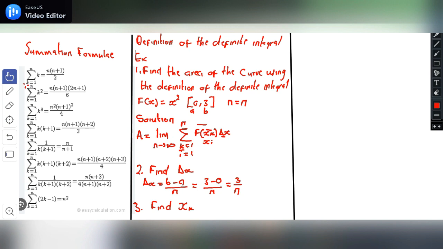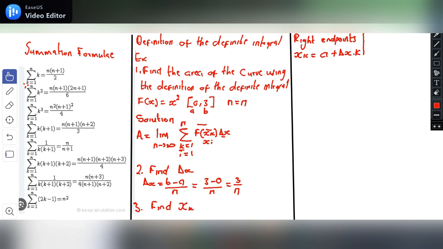So let me just write down the formulas of the xk for the left hand points and also for the right hand points, right? For the right hand points, its formula of xk is xk is equals to a plus delta x multiplied by k, right? This formula represent the right hand points, right?